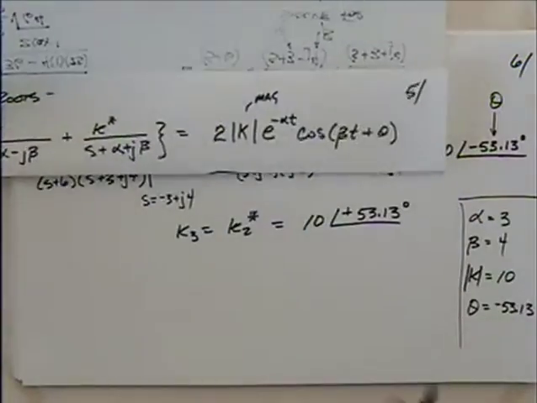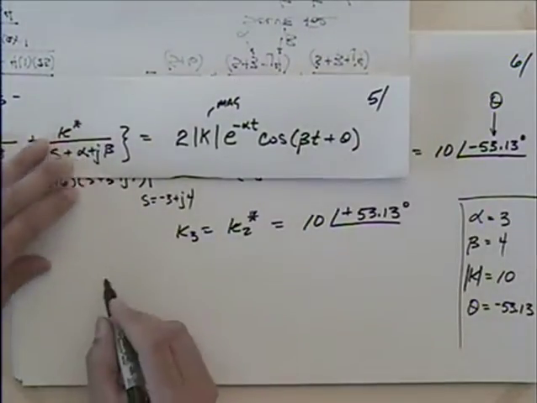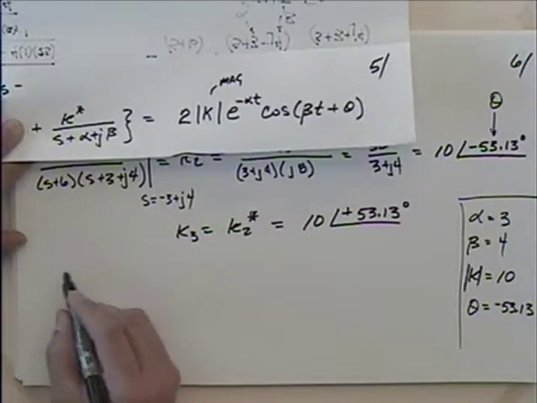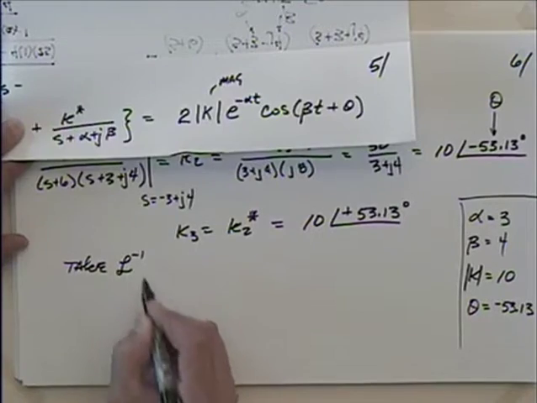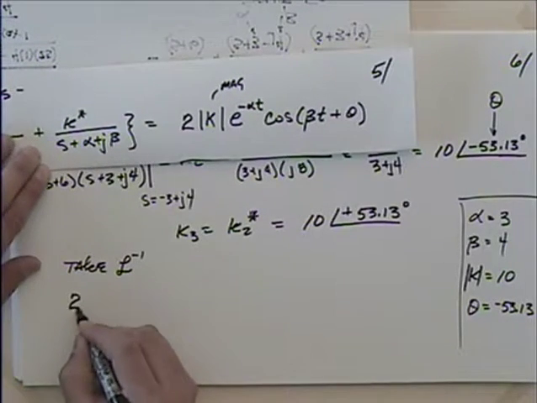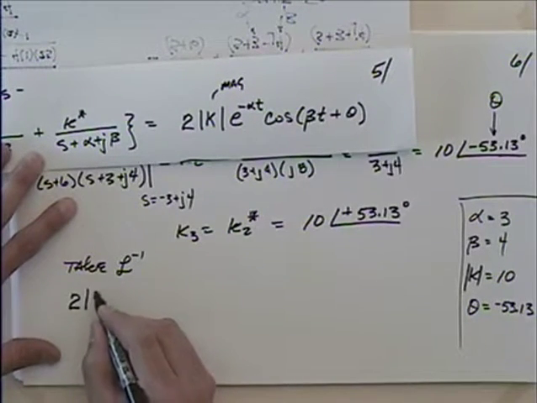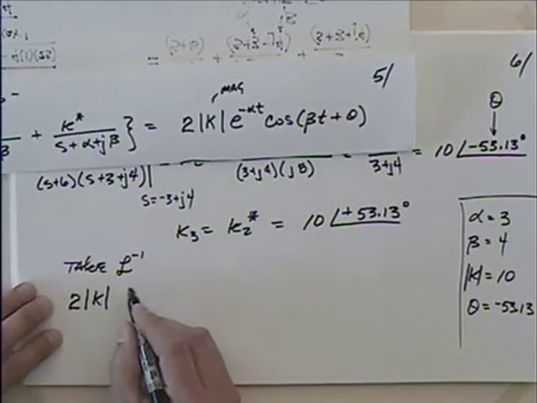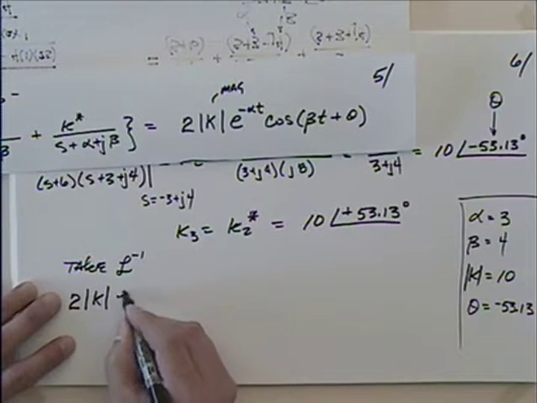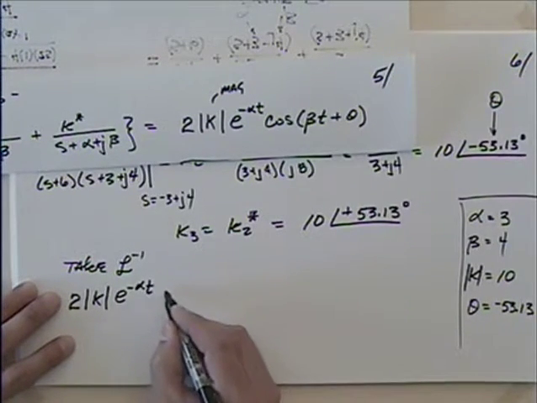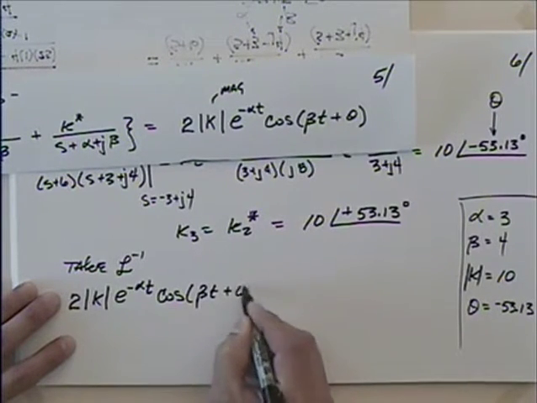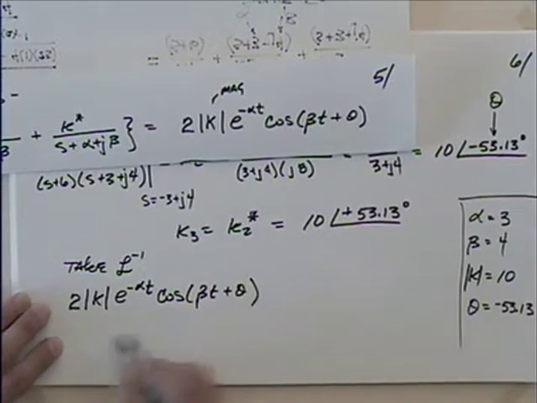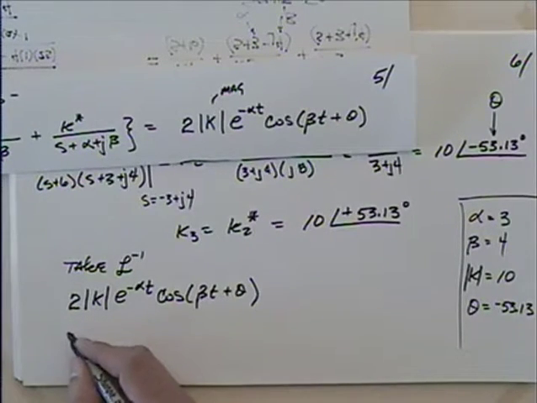So we need 2 times K, right? So when I do the inverse Laplace transform, I've got 2 times the magnitude of K, e to the minus alpha t, cosine of beta t plus theta. So which in our case is going to be 2 times 10.